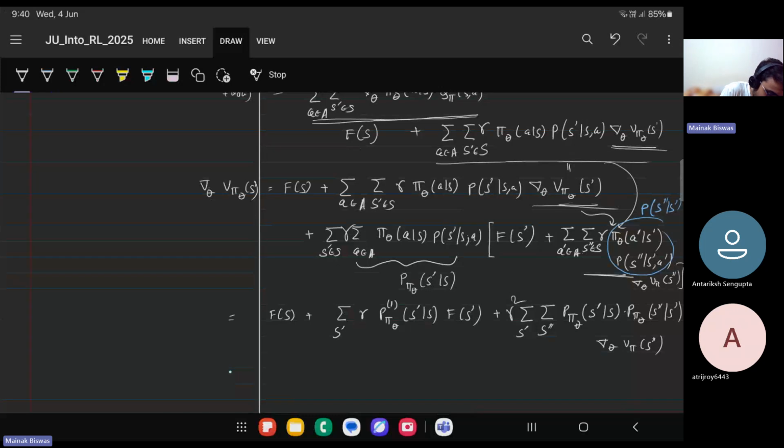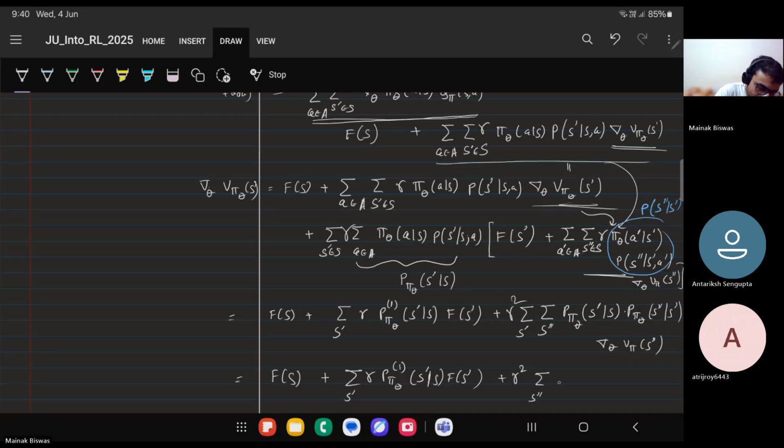Do you see that this is f of S plus gamma times P pi of S dash, plus gamma square, S double dash, P of S double dash from S in 2 steps, pi theta, gradient of V pi of S double dash? We have discussed this in Markov chain.